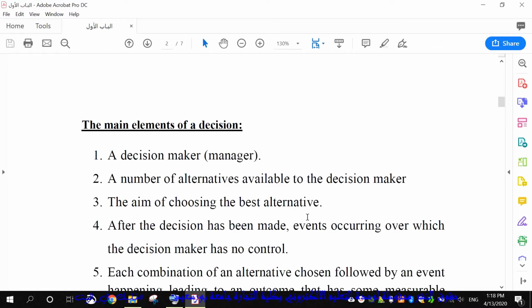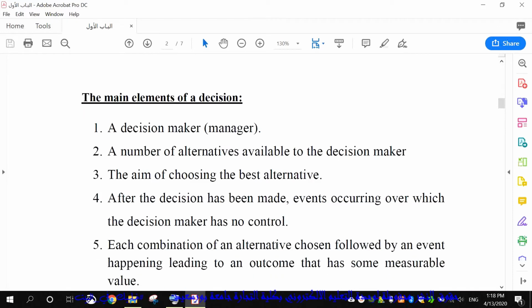Number 4, after the decision has been made, events occurring over which the decision maker has no control. Each combination of an alternative chosen followed by an event happening leads to an outcome that has some measurable value.